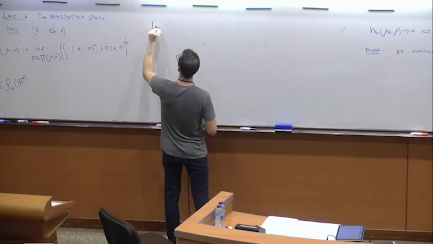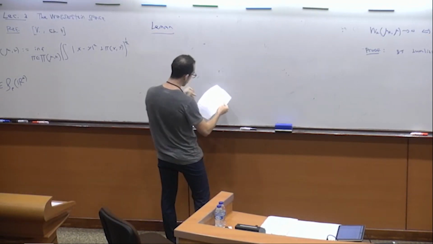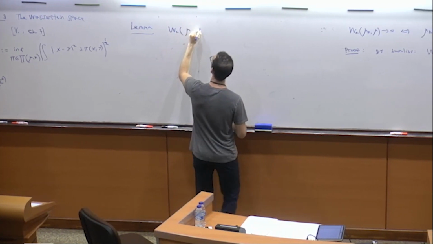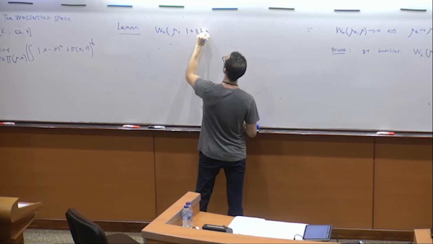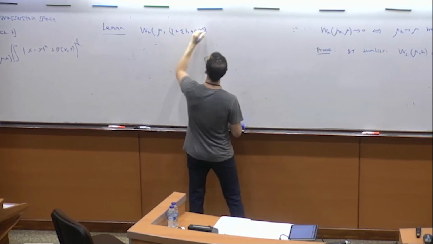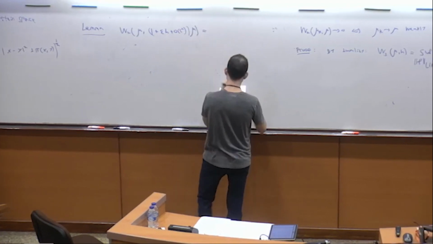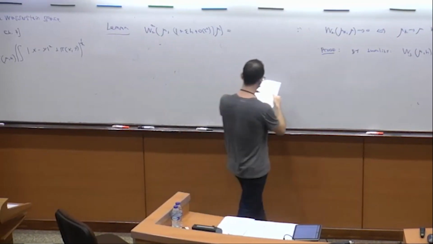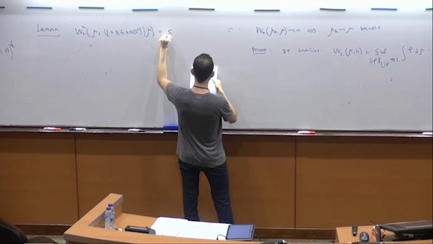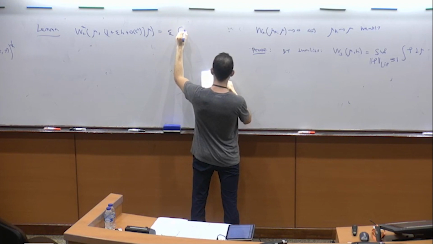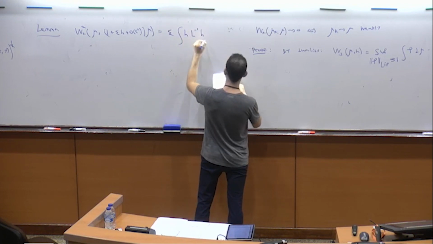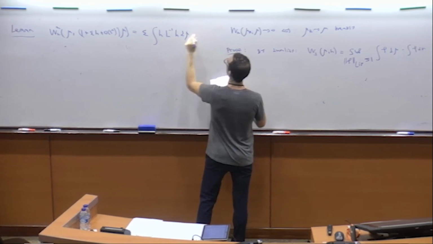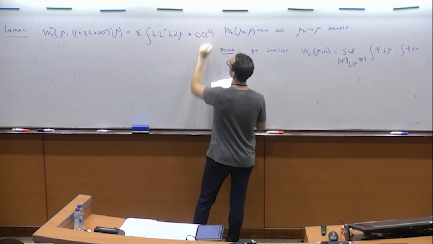So here is a lemma, which tells us how to relate the two. And the claim is that if we look at W2 between mu and this perturbation, okay, maybe we'll look at the squared, then it's equal to epsilon times the integral of h L inverse h d mu, plus higher order terms in epsilon.